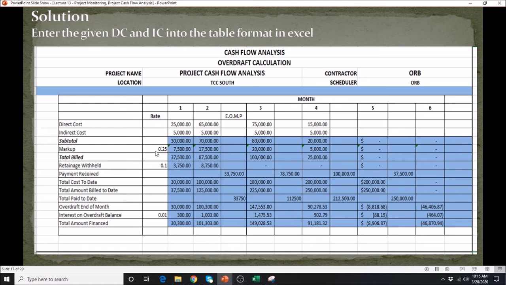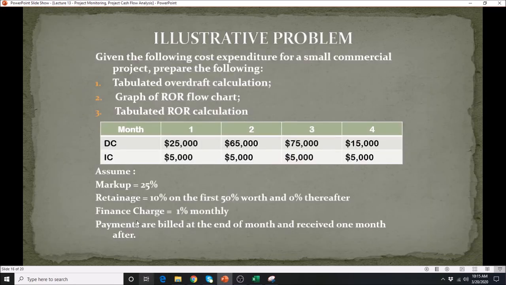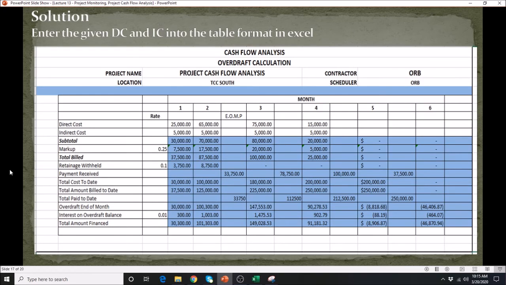Alright, so in that case, we have here now the markup. We enter that based on the given values: 25%, 10% for your retainage, and 1% for your interest. So we plug in those three as well. Okay, so those are the only things that we are going to plug into this particular table.